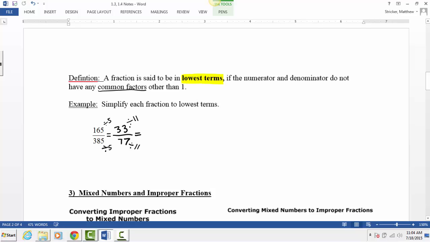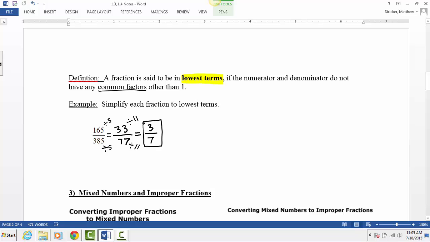If I divide 33 by 11, I get 3, and if I divide 77 by 11, I get 7. Now these are both prime numbers, so this is as far as we can reduce. We get 3 over 7 is the fraction reduced to lowest terms.